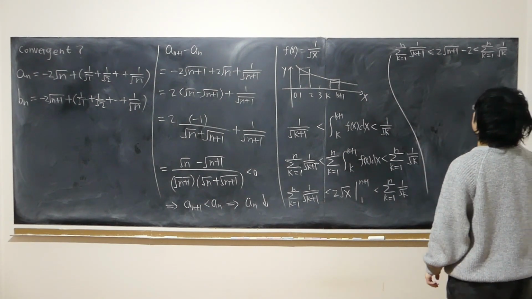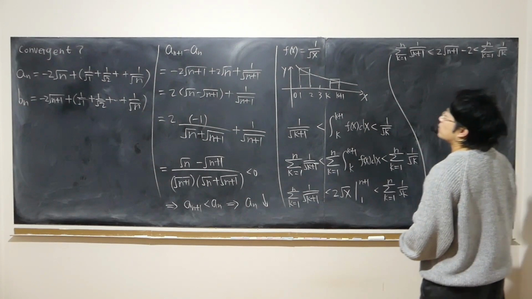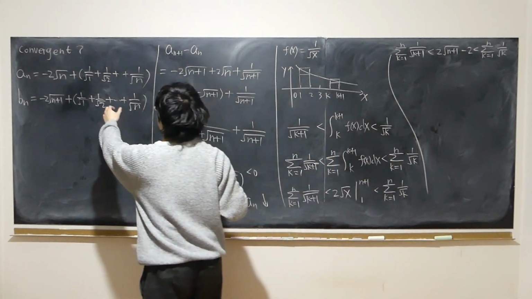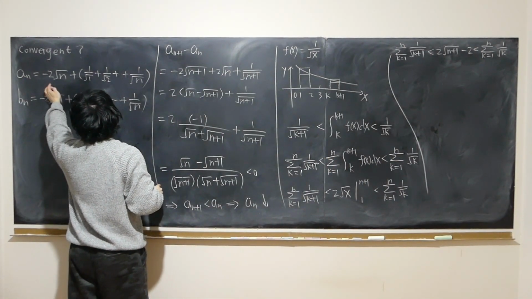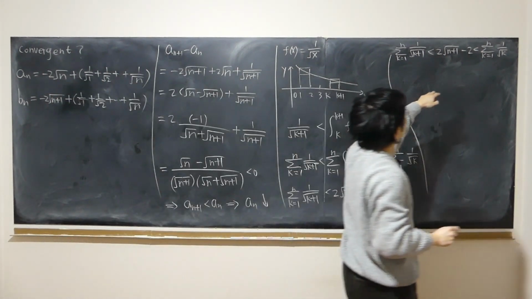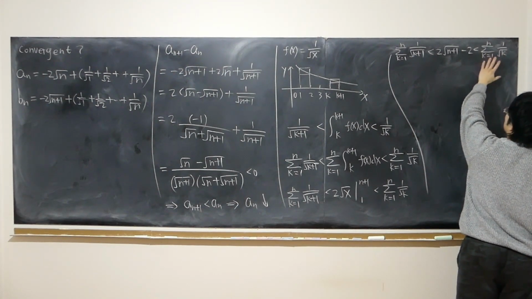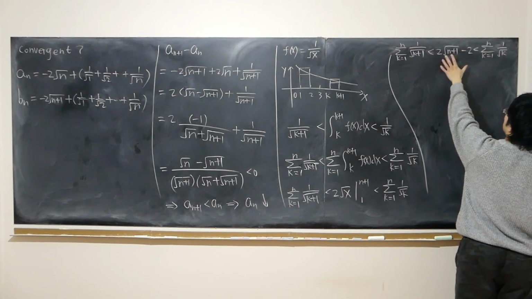So basically, I just need to minus twice of square root of n on this side, to achieve the sequence an on both sides.